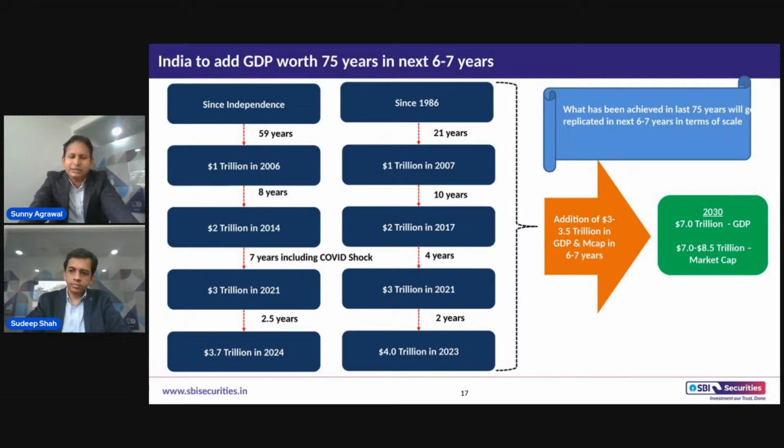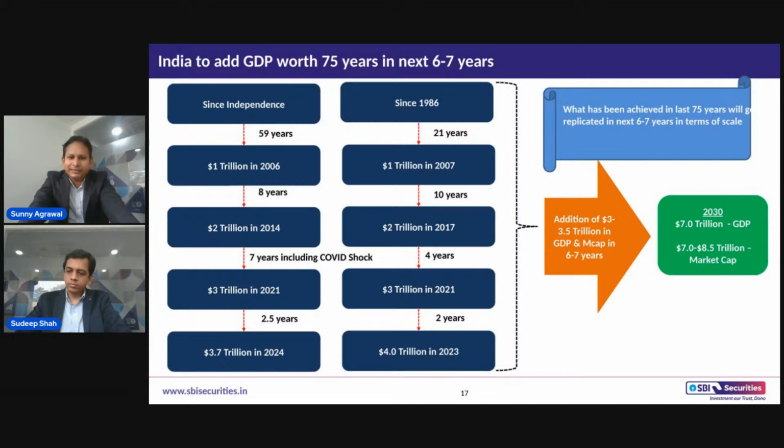So this clearly shows that market cap and GDP numbers go hand in hand. Now if I assume that in the next 6 to 7 years India will add close to $3.5 trillion of GDP, our GDP number will be close to $7 trillion in 2030.